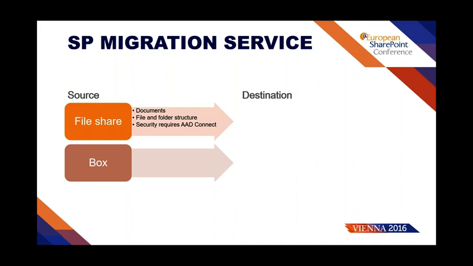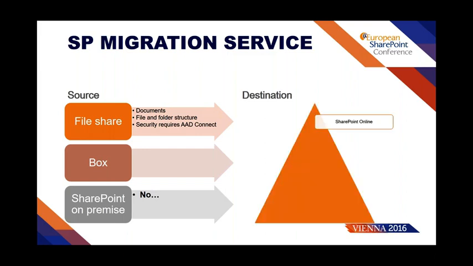Box is typically not very popular in the European market. And there's some other source, SharePoint. No, it's not part of the migration service. And I think that's very important to know, because then it comes to your part, where you can help to migrate content.